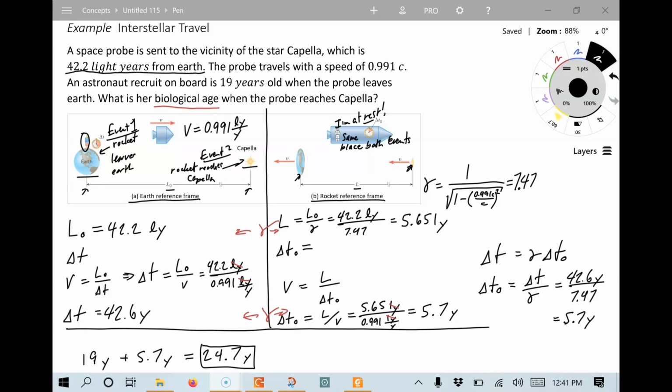On Earth, another 42.6 years would pass. So you could have someone who travels at a very young age while their twin stays on Earth. When they come back, they've only aged about 12 years. Their twin on Earth is going to be an elderly person at that point.